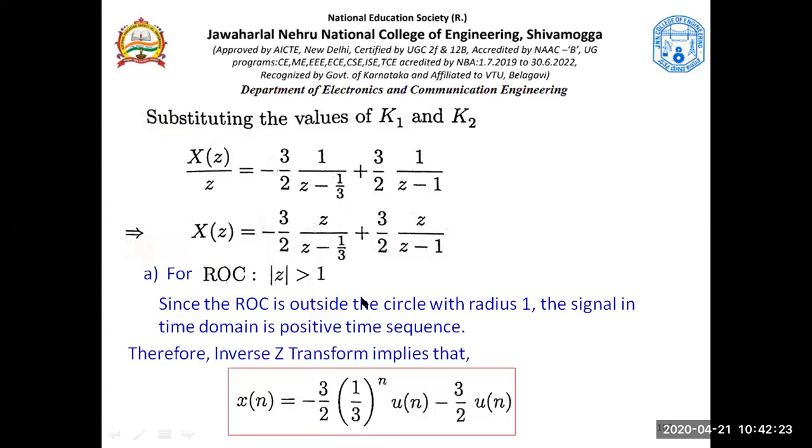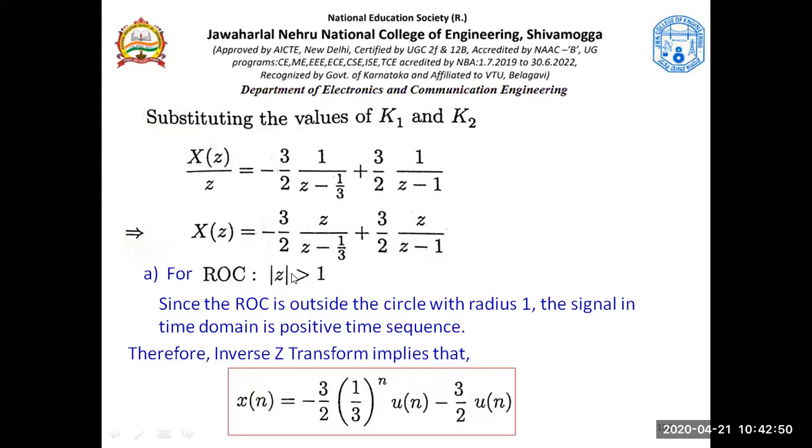Okay, so anytime now we will be off. If you have not understood, post your questions. Fine, I'll take that and I'll make your doubts clear. Understand? So we have different ROCs. For different ROCs, the inverse Z transform would differ depending on which signal you would bring in time domain. So we have brought in u of n because it is outside the circle.